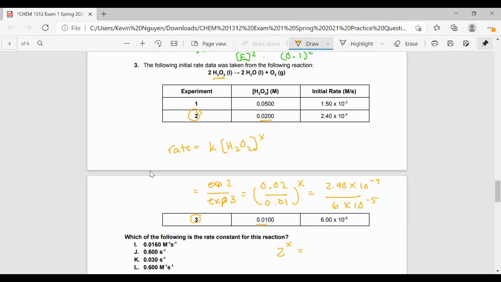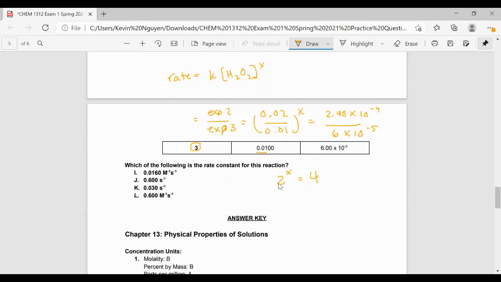Let's throw that into our calculators real quick. So we should get 4 on this side. So our x value here should be 2.